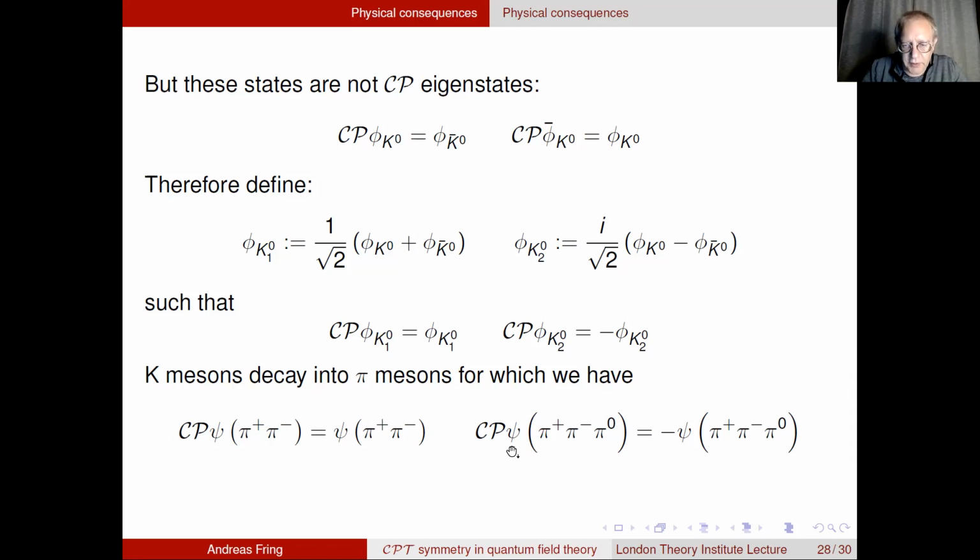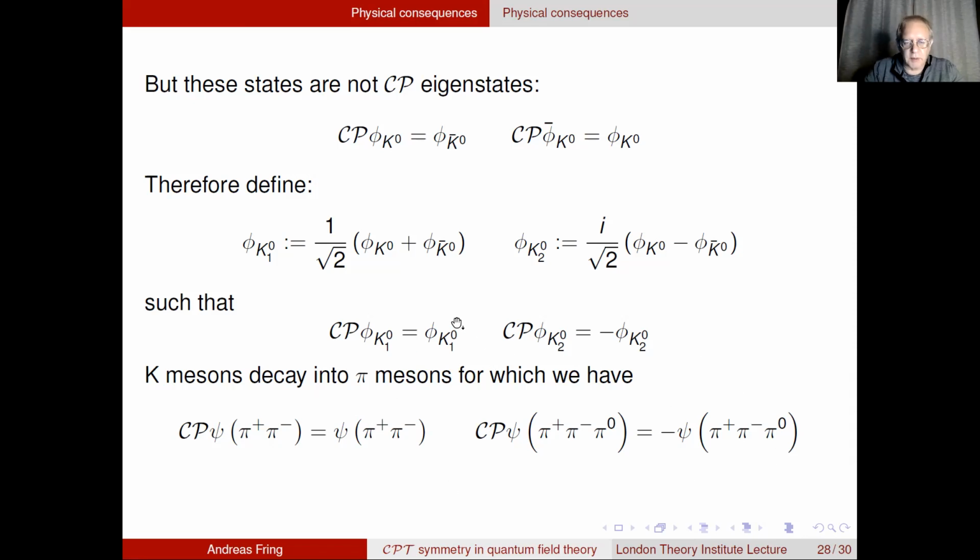And the wave function of a triple product, namely of pi plus with pi minus and pi 0, picks up a minus as well, like phi K20.